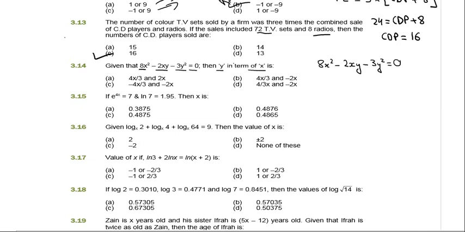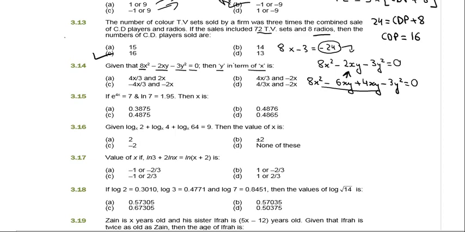Now 8, the extreme left term, and the extreme right term, minus 3, multiplication is minus 24, so we have to break the mid term in such a way that the multiplication of the two numbers in which we break the midterm should be minus 24 as well. It will be 8x square minus 6xy plus 4xy minus 3y square equals 0. If we solve minus 6xy plus 4xy, it will be minus 2xy.